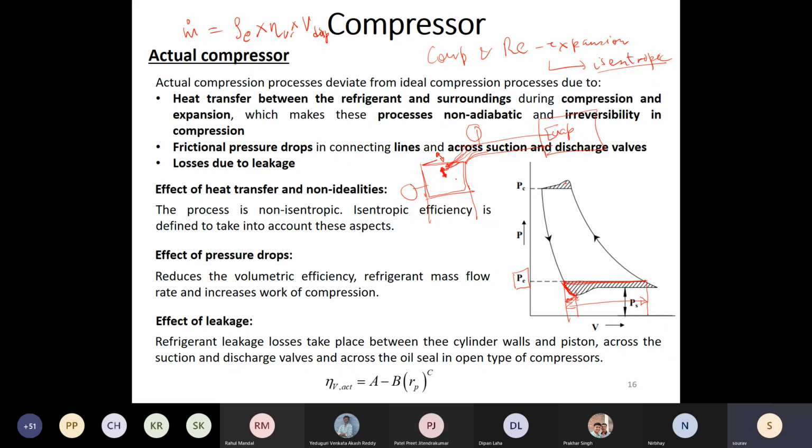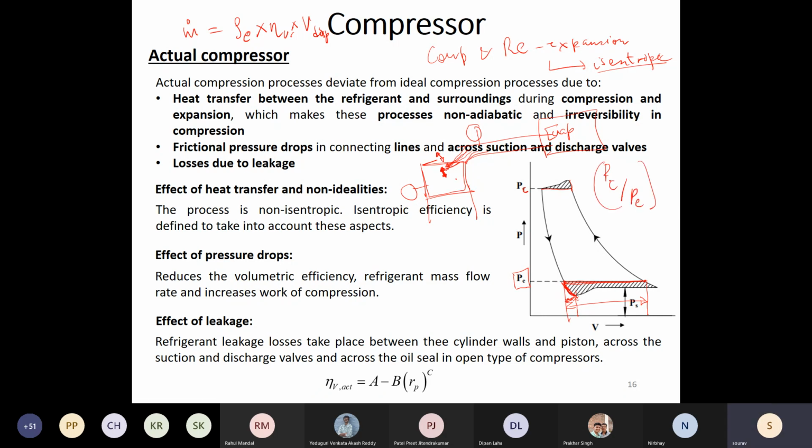Okay, same goes for the compression phase also. So you will not be able to discharge the gas right at the P condenser. So this is P condenser. You will have to go for a small amount of overpressure in order to lift this valve. Okay, so what will happen? That will change the PC over PE.